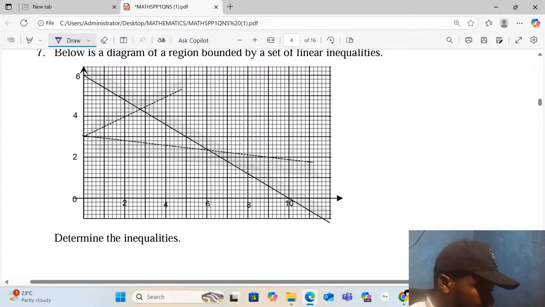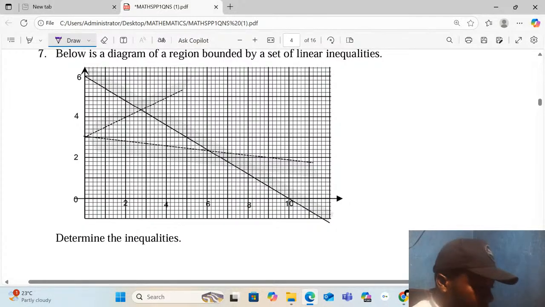So they're saying determine the inequalities of the given diagram, or region bounded by the given set of inequalities.